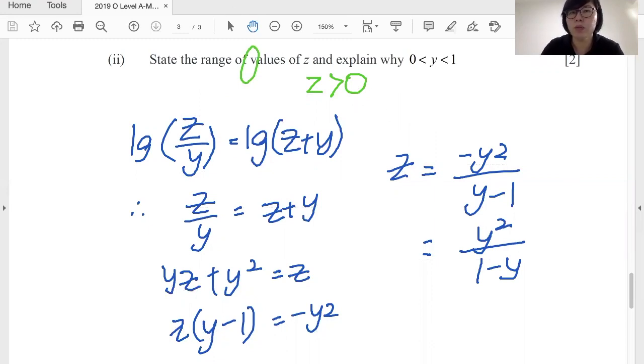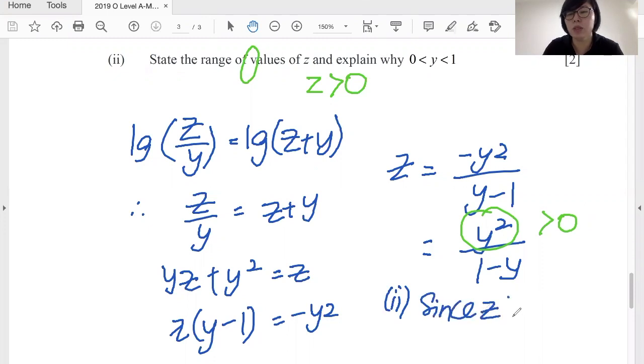Okay, over here. If we look at what z is, the numerator, we know that this has to be more than 0. So let me carry on part 2 here. z is more than 0, as what we have stated earlier on. And y squared for sure is more than 0.